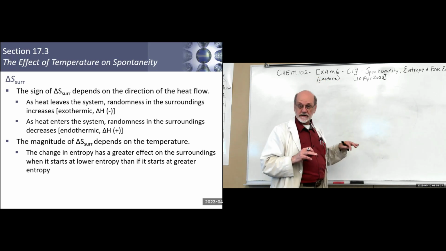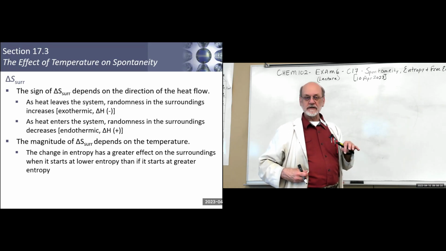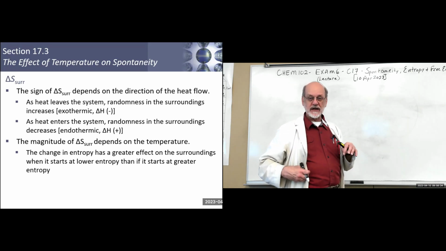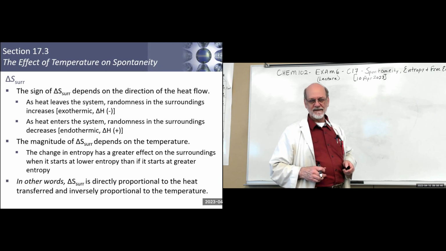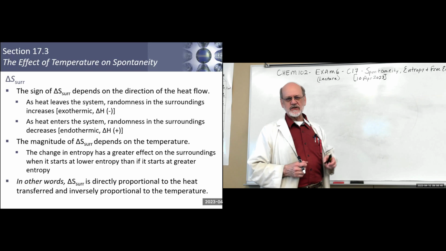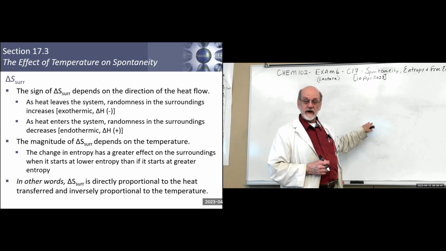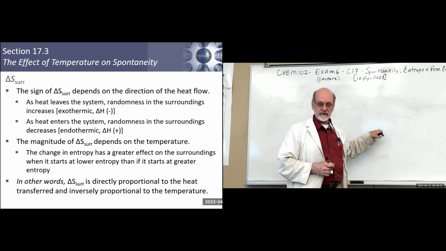So for the surroundings, if the temperature is relatively low, then the change in entropy will have a much greater effect. So what we're saying is the change in entropy for the surroundings is directly proportional to the heat transferred and inversely proportional to the temperature.